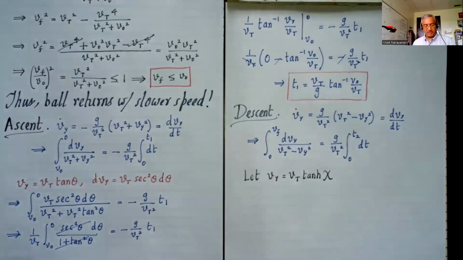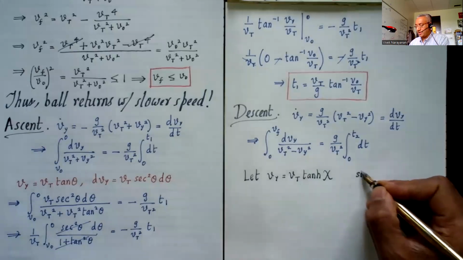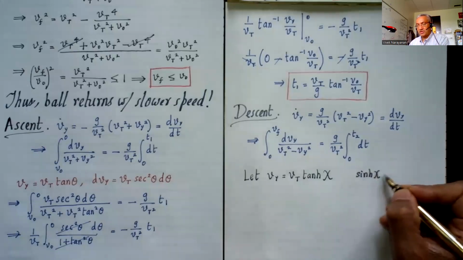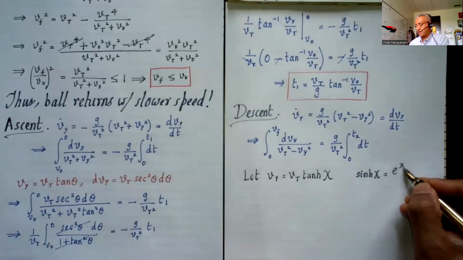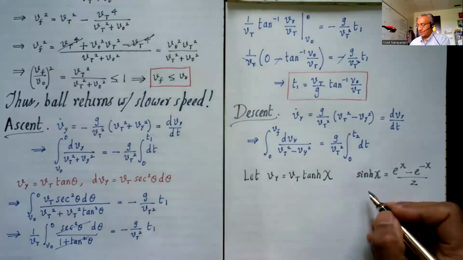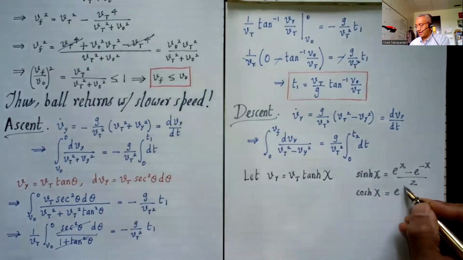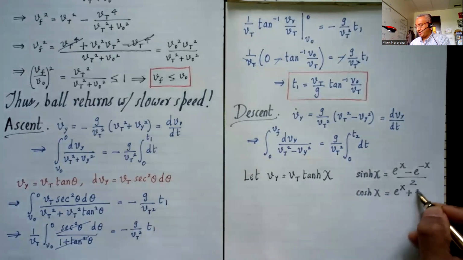Now, just to give you a lightning quick introduction, the sine hyperbolic is defined as e to the chi minus e to the minus chi divided by 2. Cosh hyperbolic is e to the chi plus e to the minus chi divided by 2.